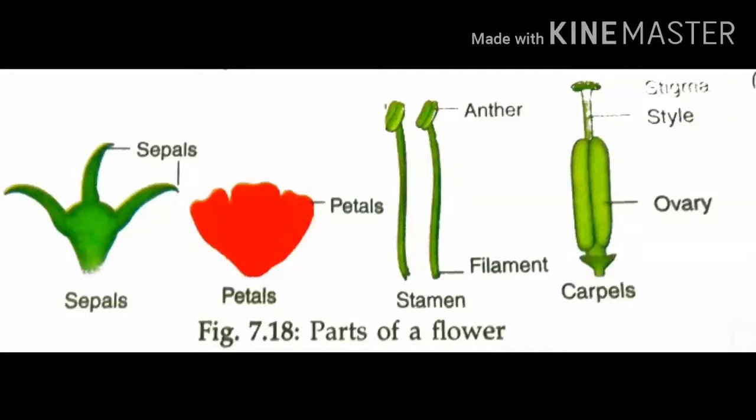The sticky end at the top of the style is called the stigma. That ovary contains female cells called ovules.